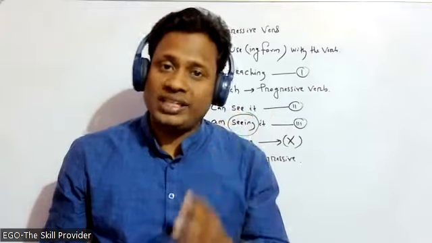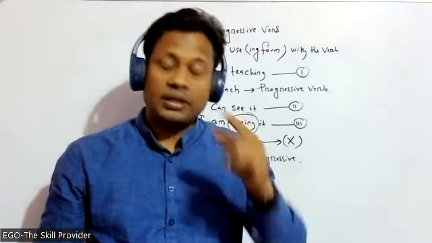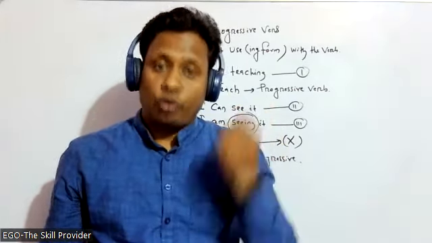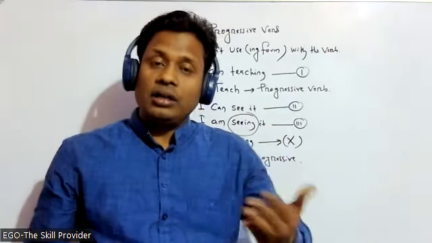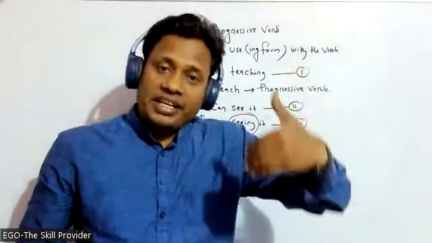So in these situations, whether present progressive, past progressive, present perfect continuous or past perfect continuous, you are supposed to use ing form. Whatever I'm doing right now: I'm teaching, I'm standing, you are listening to me.